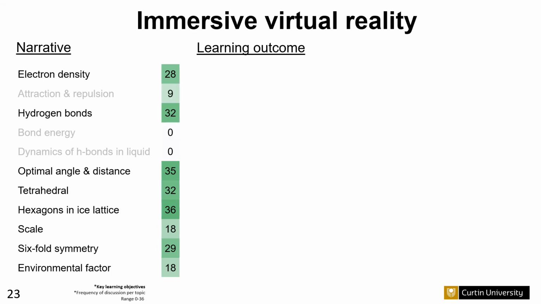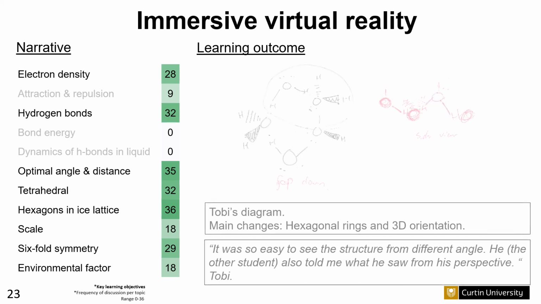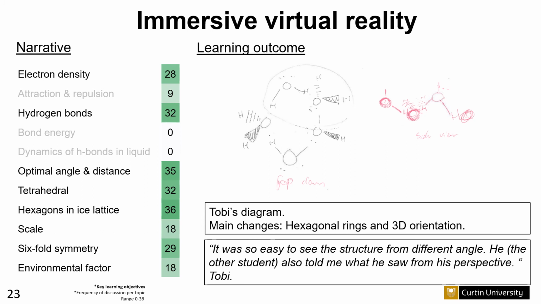So how's the learning outcome after immersive virtual reality? Here I show the diagram of one of the students, Toby's diagram. So the main changes are in hexagonal rings and the 3D orientation. He even took effort to draw the top view and the side view because they're different.